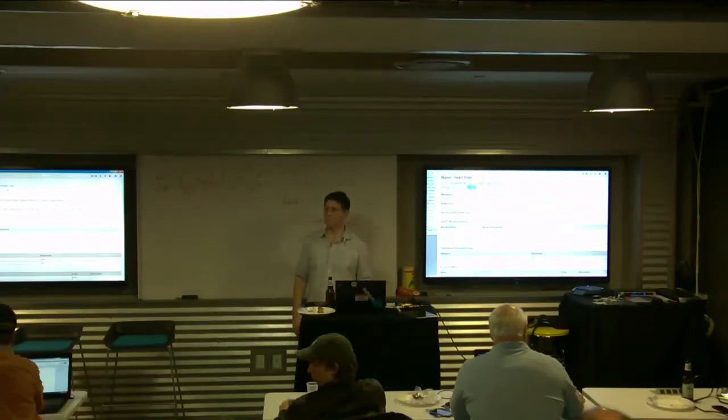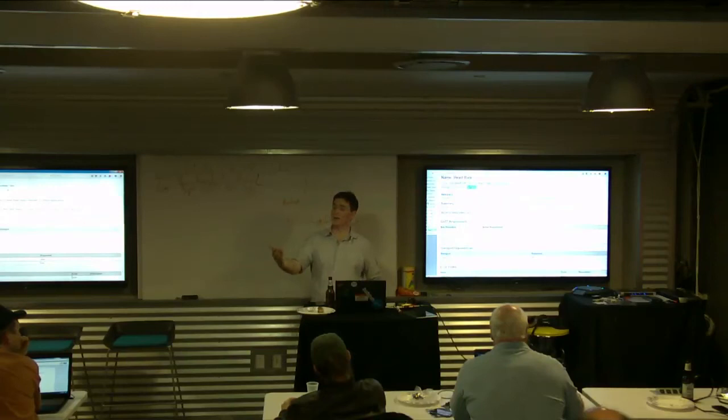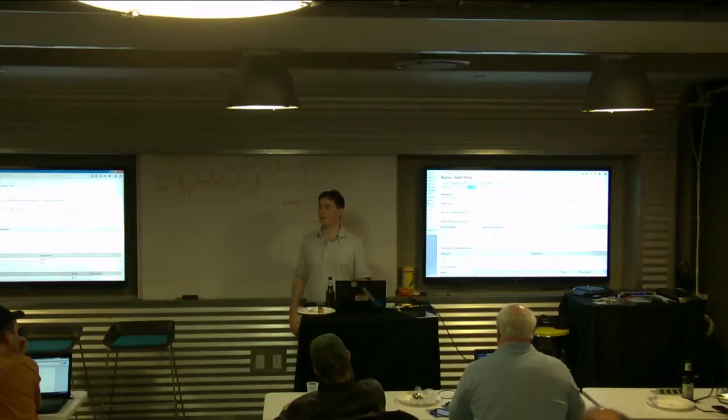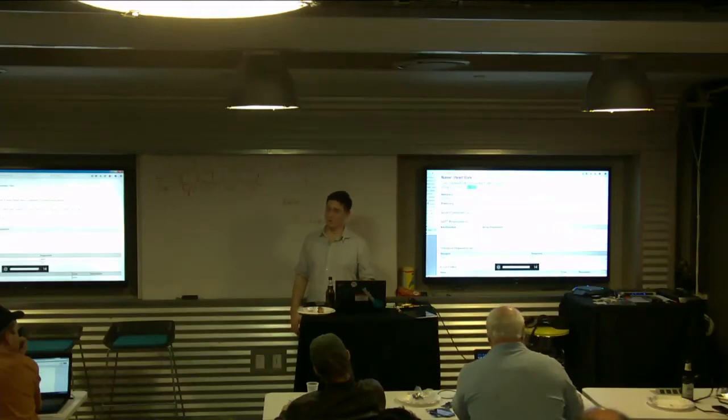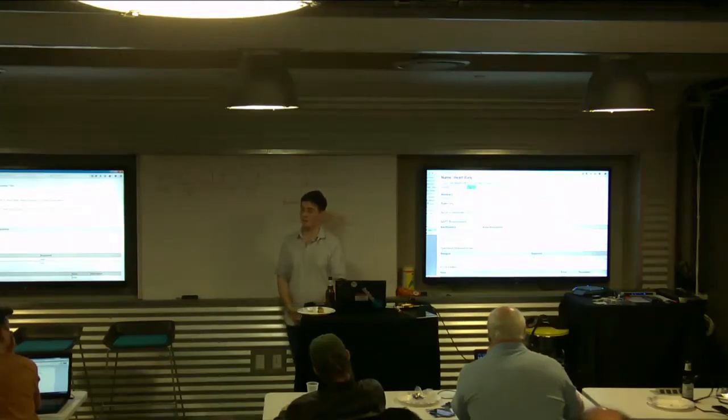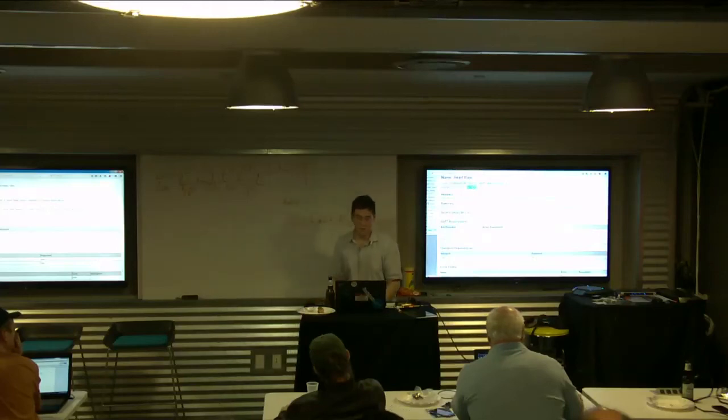Mm-hmm. So if the 2 bytes are always padded, if it is well known and we agree that, hey, there will always be this padding here if these are the first 2 bytes, you can get away with really neat hashing tricks and compression tricks that the stack just takes care of for you. So as long as we have an agreement that something is going to happen whenever these things happen, you can build really cool engineering tricks based on it.